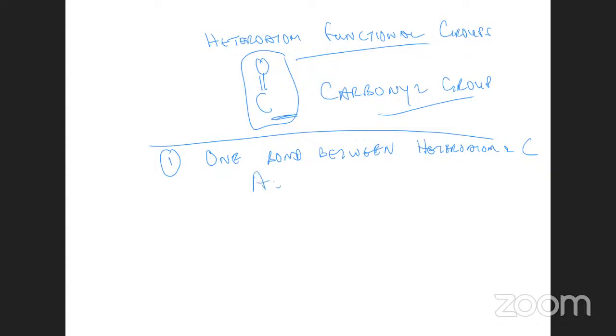Example, alcohol. The functional group is written as C, O, H. Can you see this? This is the heteroatom, and there's one bond. Alcohol, ether, like this.